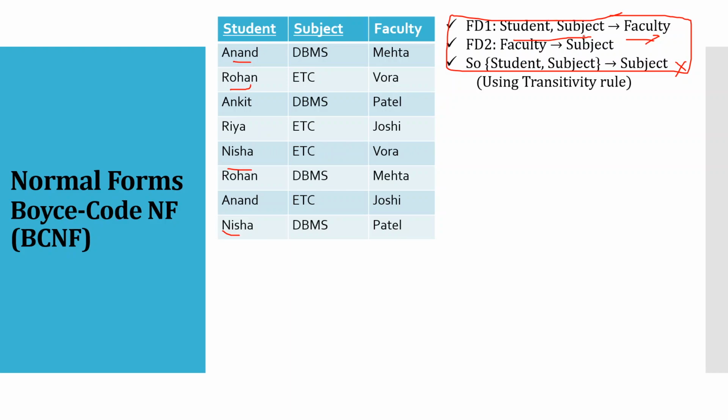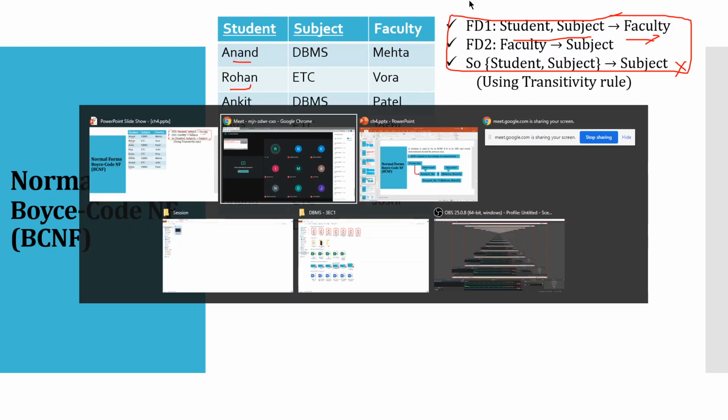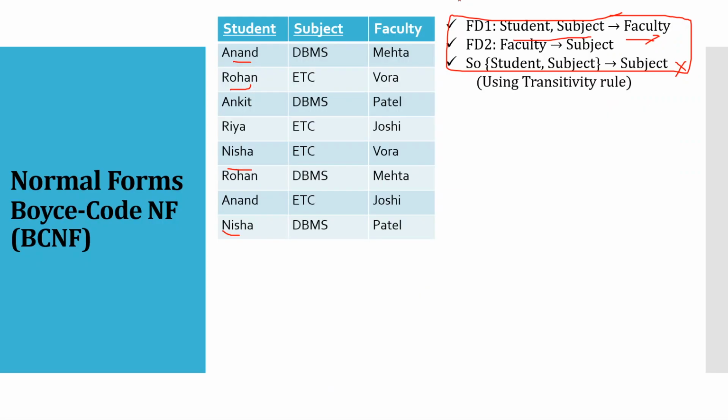So are student and subject the primary keys? Do we have student and subject as a primary key from the table? Yes. Okay. Now what is the second functional dependency? Faculty determines subject, or subject is dependent on faculty.